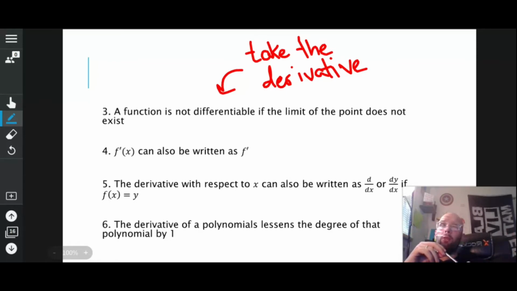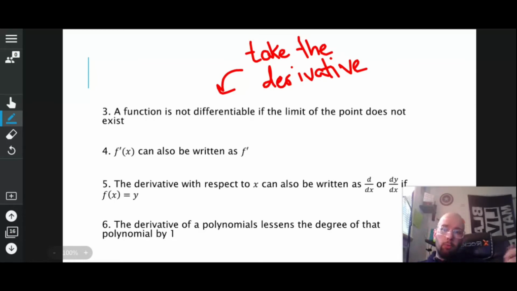We will learn something in a few lessons called implicit differentiation. This is technically called explicit differentiation. I just don't want to call it that because I don't want to get banned from YouTube for using explicit language. Anyway, if the limit at the point does not exist, you can't take the derivative, because the derivative is taking the limit.